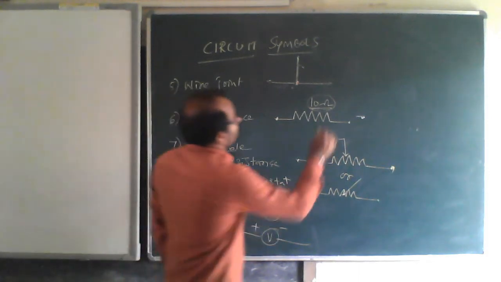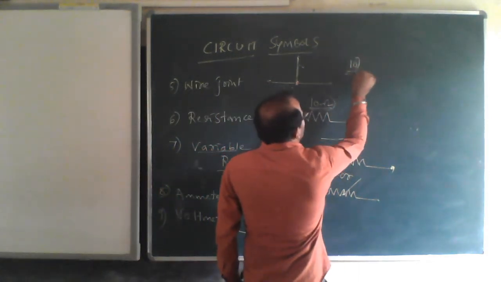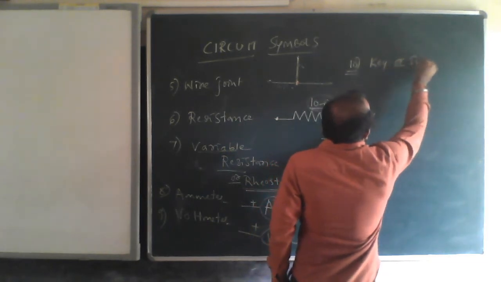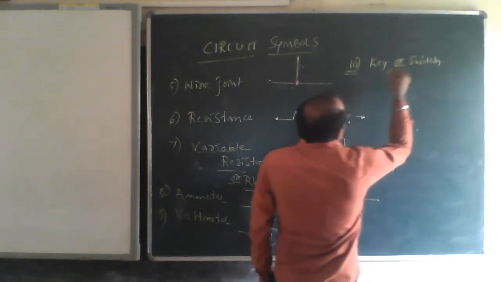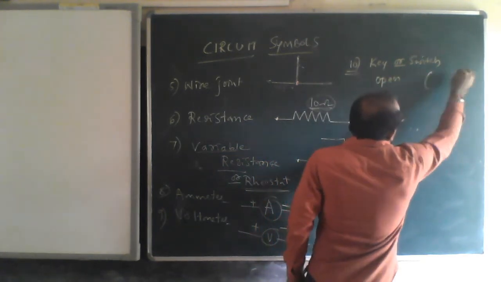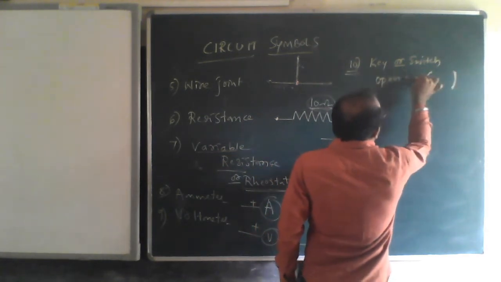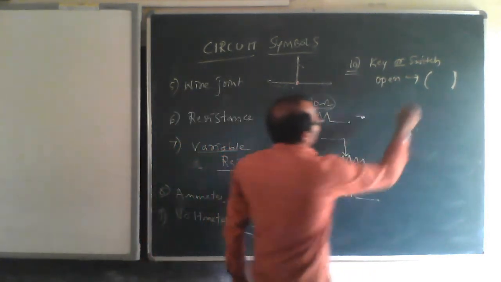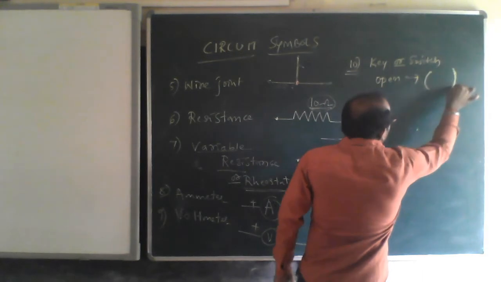Okay, another two are there. So what we call as key or switch. Key or switch. Okay, if it is open, it will be like this. This is key or switch open. Common bracket we call.